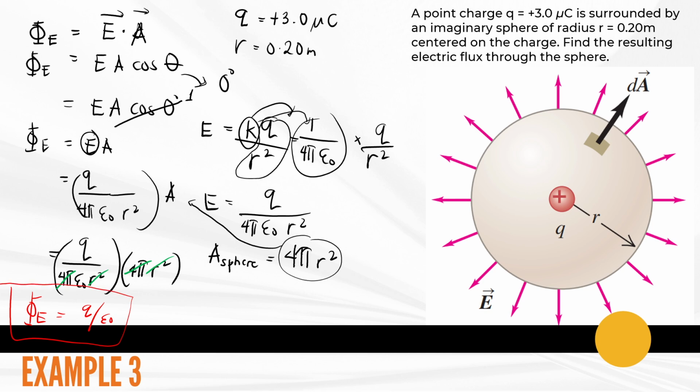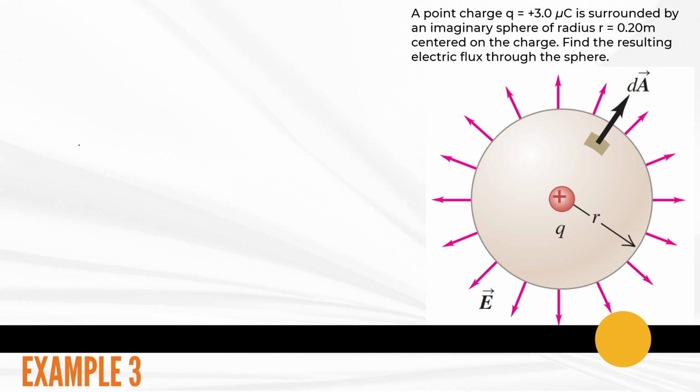Okay? So, sa isang point charge surrounded by an imaginary sphere, we will have, our electric flux would be Q, or the charge, all over epsilon naught. So, kung i-solve natin yan, guys, lagay natin electric flux is equal to Q over epsilon naught.